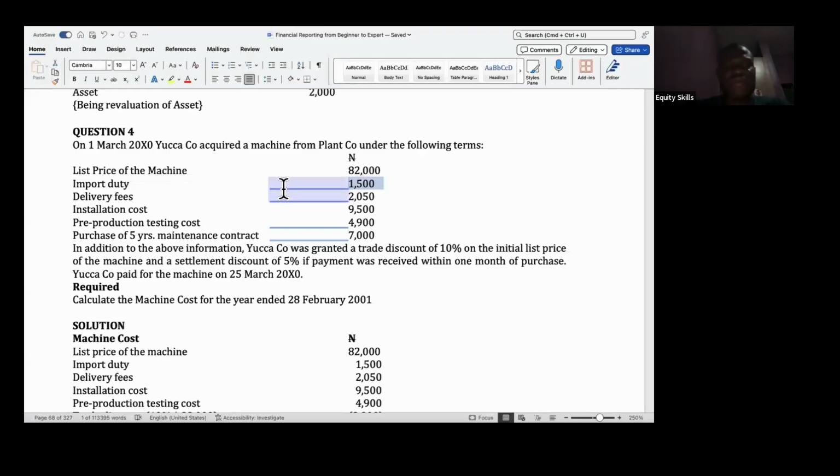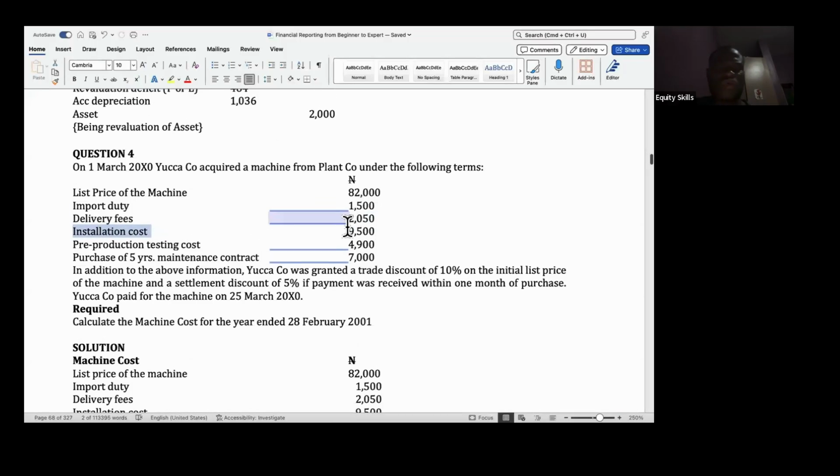Then we have delivery fees, the cost of delivering the asset. It will be capitalized. Then we have installation costs. Yes, it will be capitalized. Then we have pre-production testing costs.